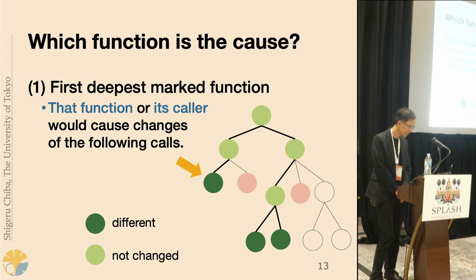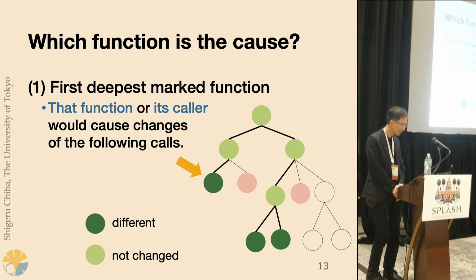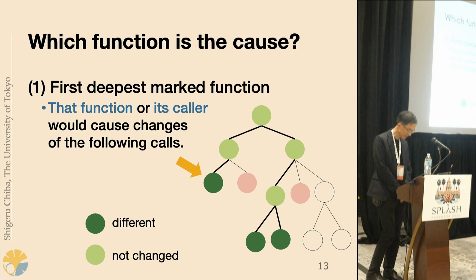And then the tool introduces the two heuristics. We developed two heuristics. The first heuristic is to find the first deepest marked function. So the question is, as I said before, not a single node will be different.